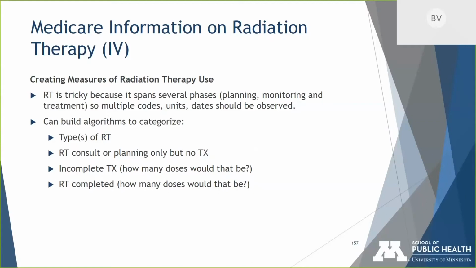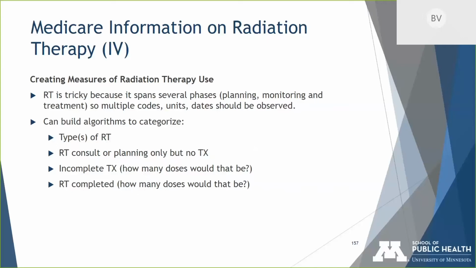You might also be interested in those who had incomplete treatment. But then you'll need to think back and say, well, what would that mean? How many bills would I consider having incomplete treatment? And what does that mean for the quality of care? Could it be that someone discontinued? Or what are the other things that could have led up to that?